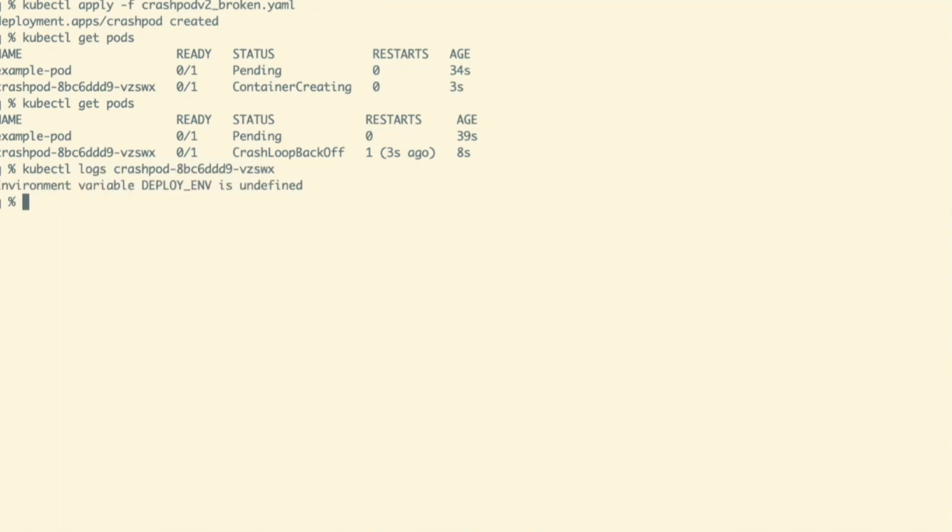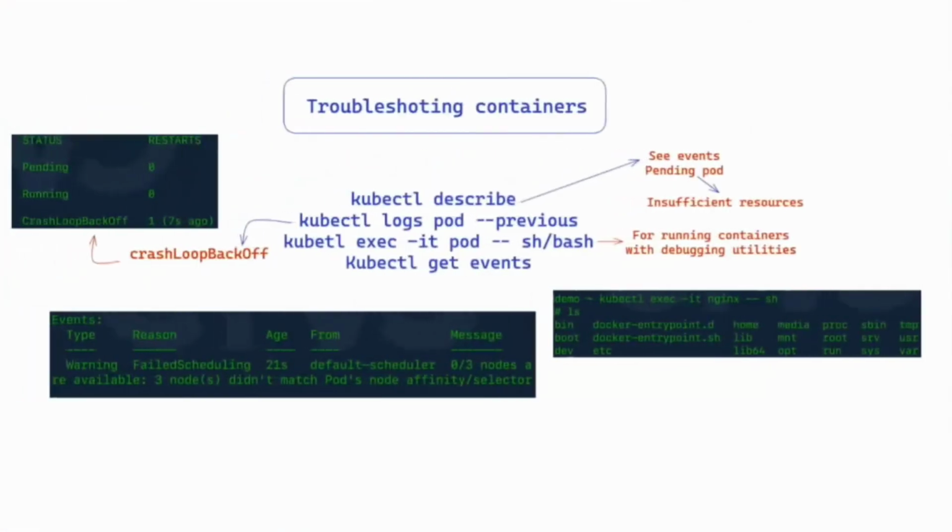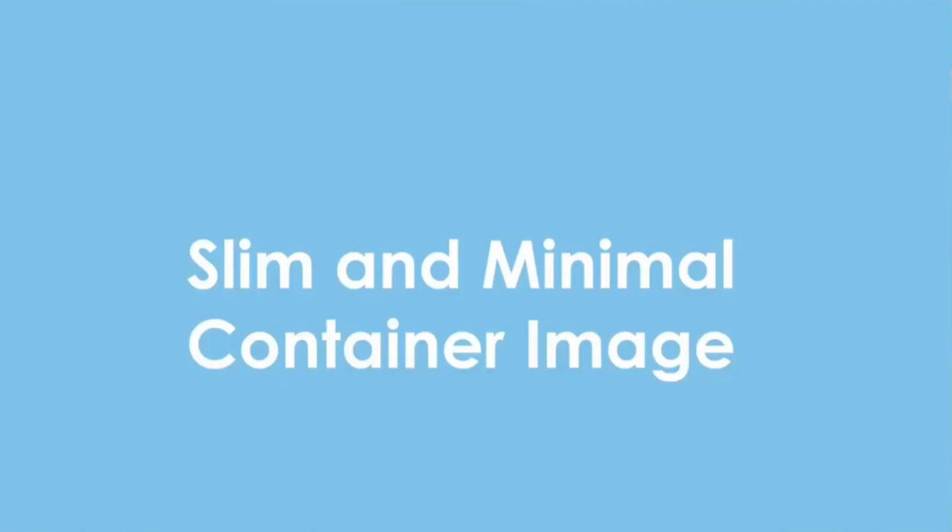So environment variable is undefined. These are standard and very simple to use. The first level of the basics that you have to go through whenever you are debugging a container. So the describe, the logs, the exec, the events, and all these things. This gives you a bit of a gist of how you debug it now.